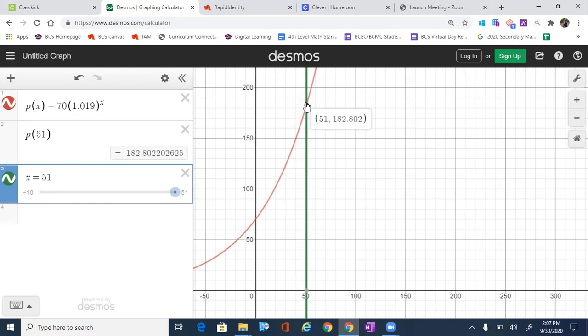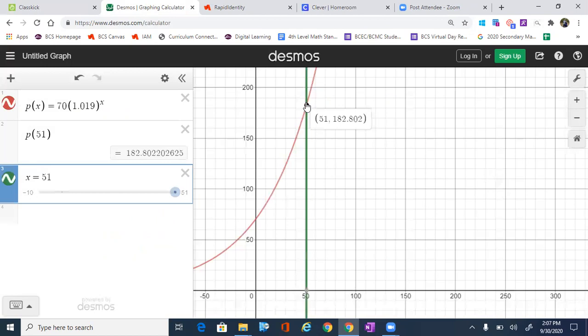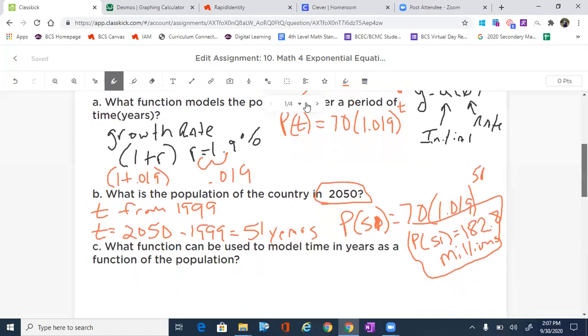So we're going to come back to the notes, and we're going to say, okay, that means that P of 51 is equal to 182.8 million. I'm going to make sure I post my units on this. So P of 51 years is 182.8 million. That's how much would be there in 2050.